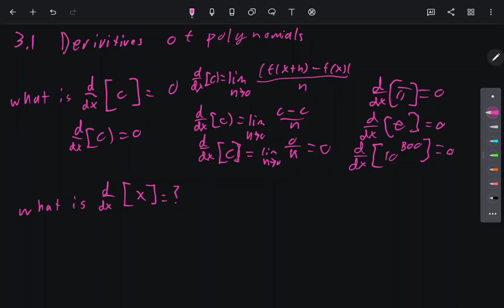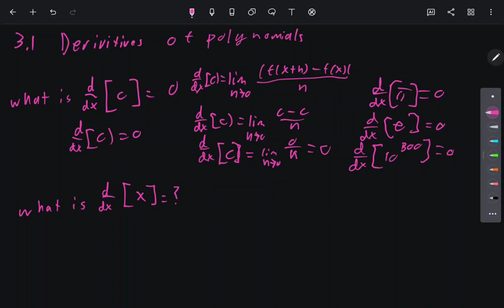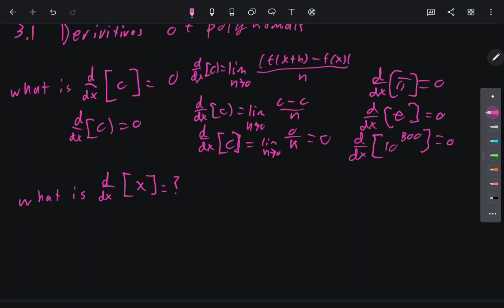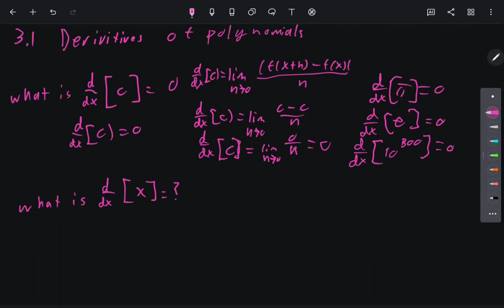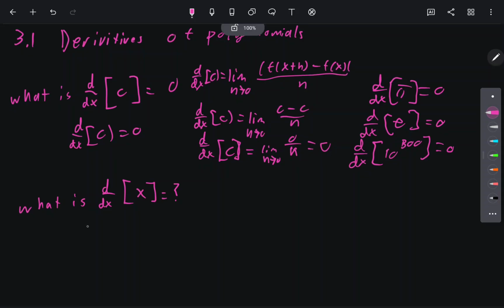Okay, so now that we know the derivative of a constant, what is the derivative of a line? What is the derivative of x? Well, once again, we start out with the limit definition, which is the limit as h approaches 0 of f of x plus h minus f of x all over h.